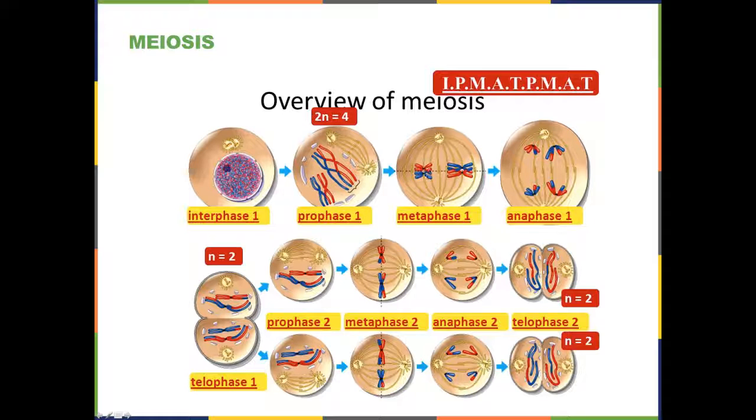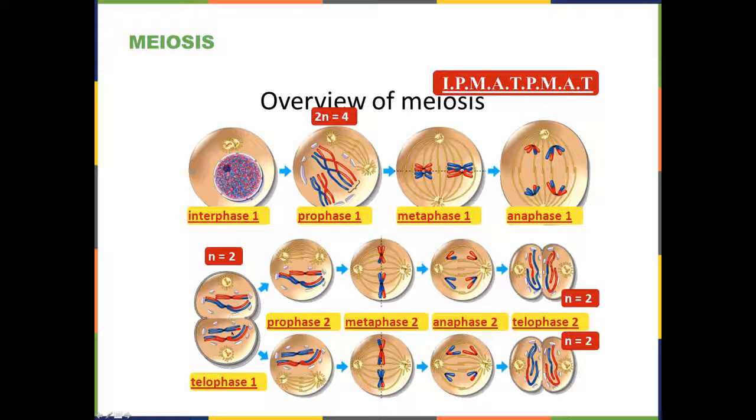Then they go through one set of processes here, metaphase, they line up, and then the homologous pair is split. So now you have a haploid on this side and this side, but they're still connected at their centromere, so they're still duplicated. You end up with two chromosomes that are duplicated.